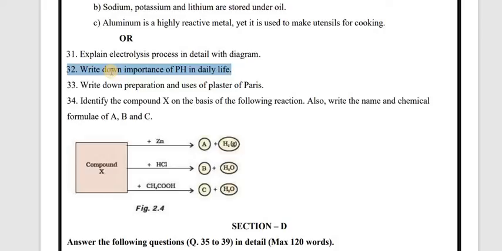There are some points and then we have to elaborate those points: the impact of pH on soil, the impact of pH in the atmosphere like acid rain, and the importance of pH in human beings, like bee sting and teeth decay. So those points we have to elaborate in this question. Let's see in detail.